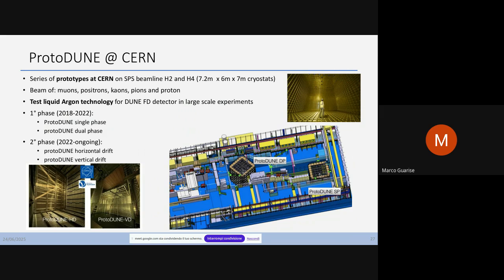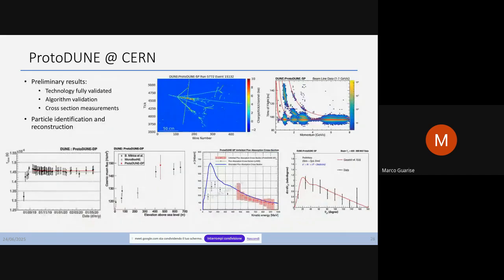Then we are now testing the horizontal drift and vertical drift technology. So we would like to test in a large scale prototype, since they are 7 by 7 by 7 meter cryostats, the final technology to be sure it will work for DUNE.